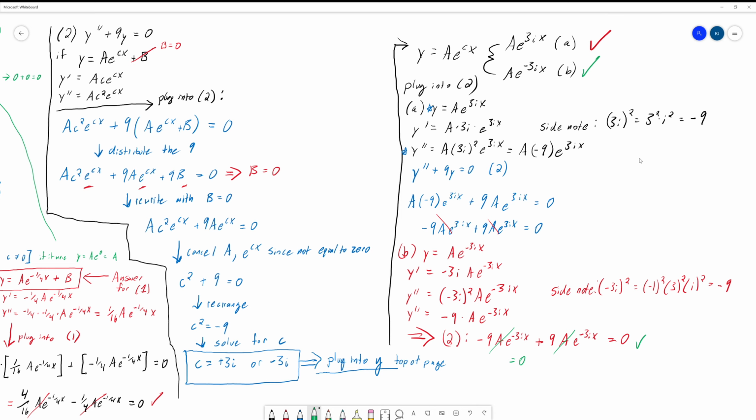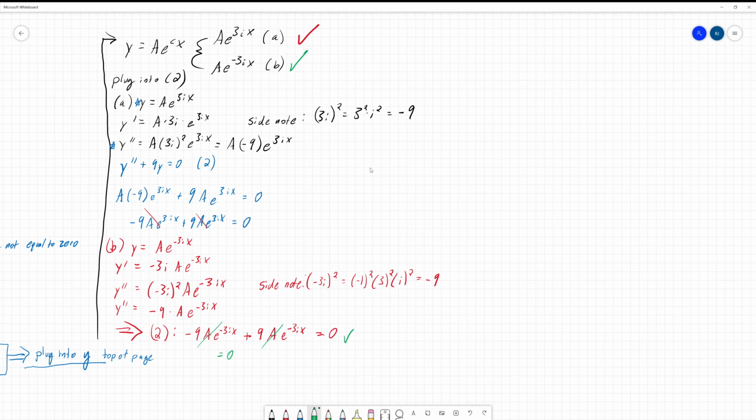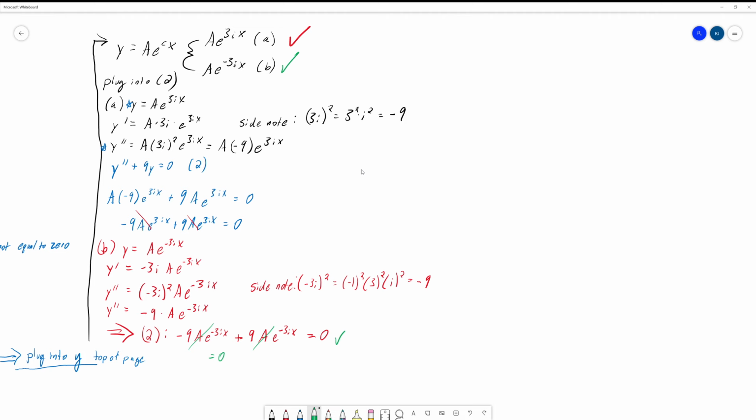And so we can see that they're both solutions. Since they're both solutions, what do we do? Which one is the right one? Well, the answer is there isn't a right one. I believe it's called the superposition principle for differential equations, where if A is a solution and B is a solution, then A plus B is also a solution. I'll write it out.